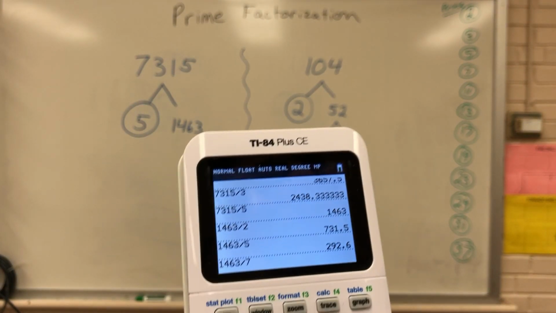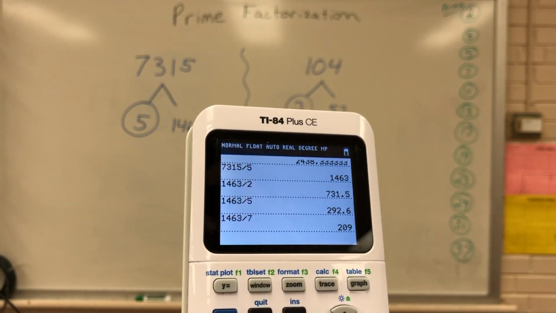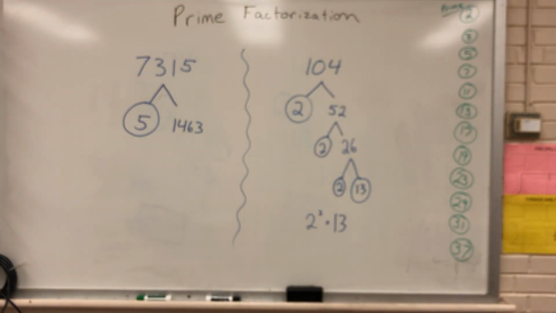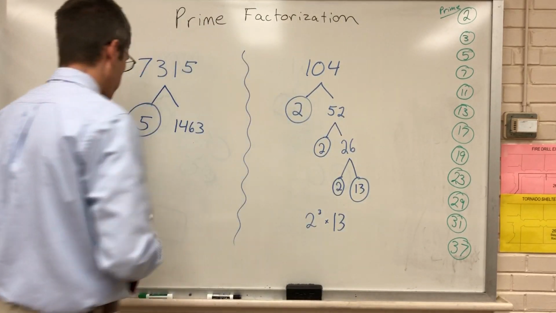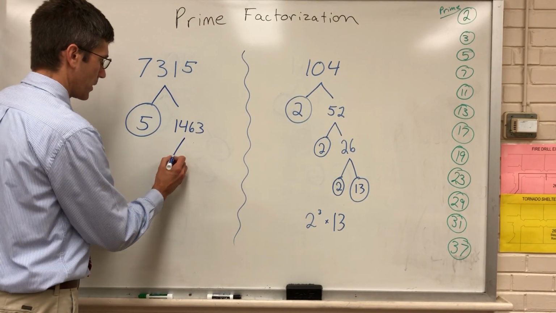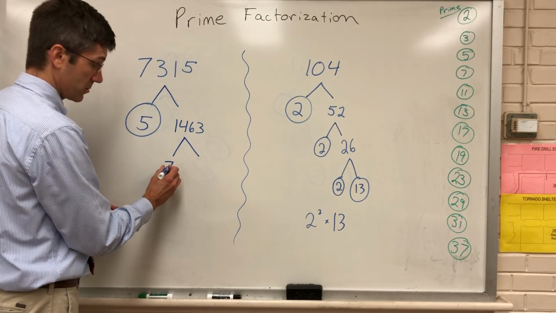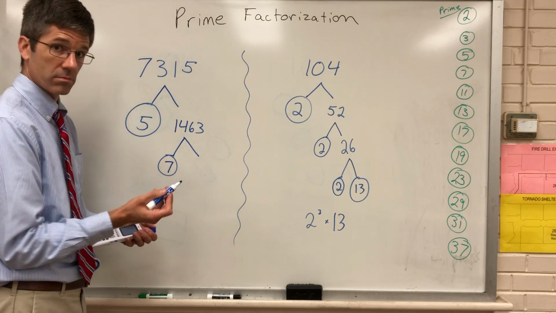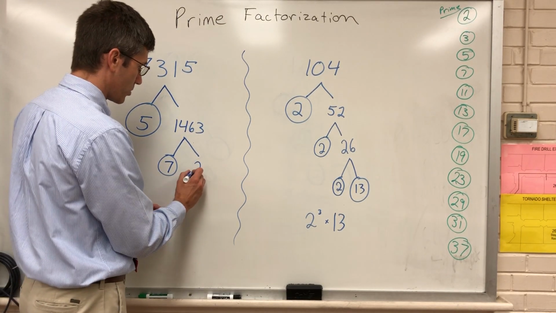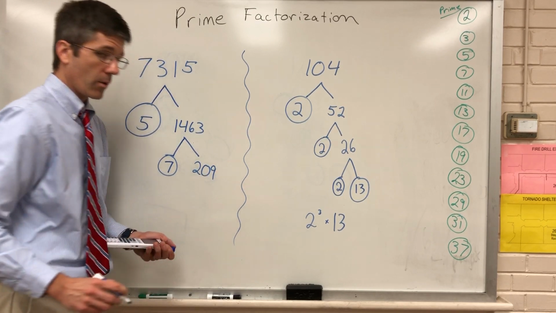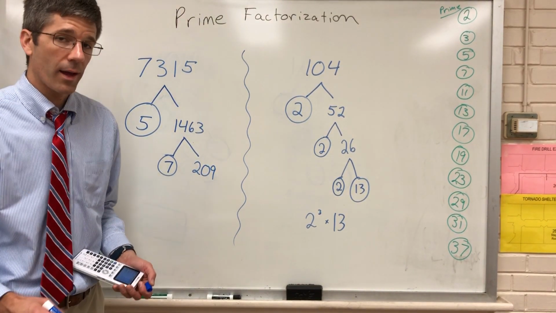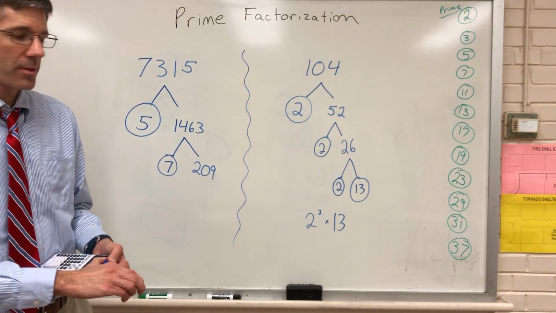1463 divided by 7. Do I get a decimal? No, I got 209. Oh, fantastic. Let me grab this marker out of my pocket. So 7, which is prime, of course, and it went in there 209 times. Well, I wonder what else happens. Let's keep going.